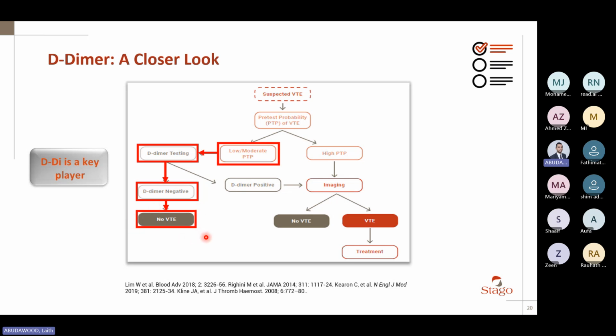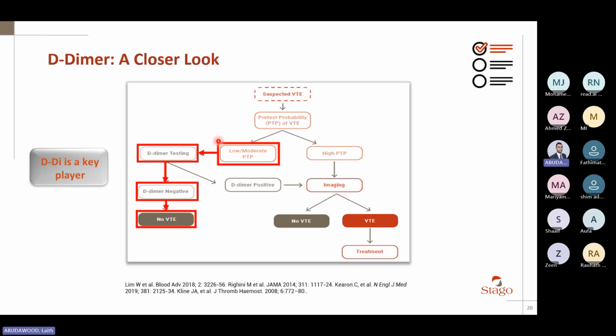To discharge the patient or not, that is the clinician's decision. It's not the test. It's not based on D-dimer only. There are other criteria. So this is very important. So D-dimer value is only for low and moderate pretest probability. D-dimer is validated to exclude PE and DVT only for these people and only for outpatients.